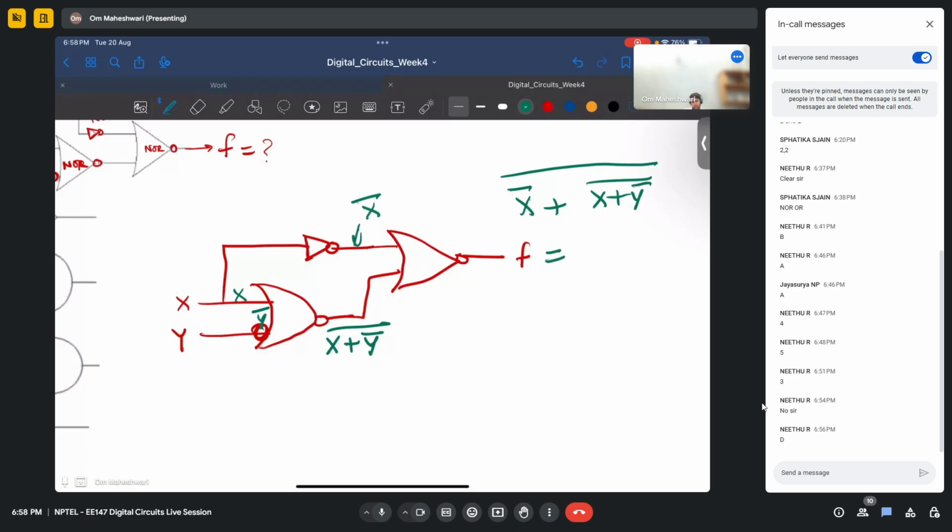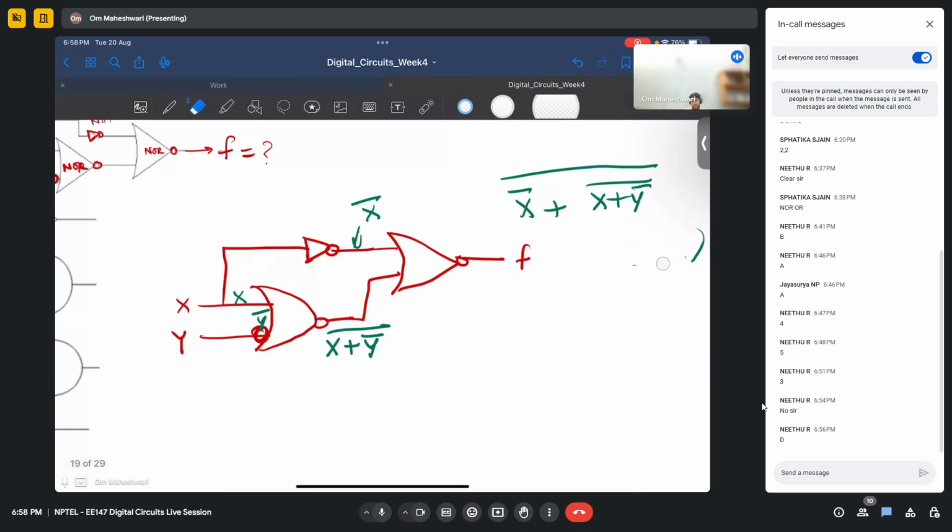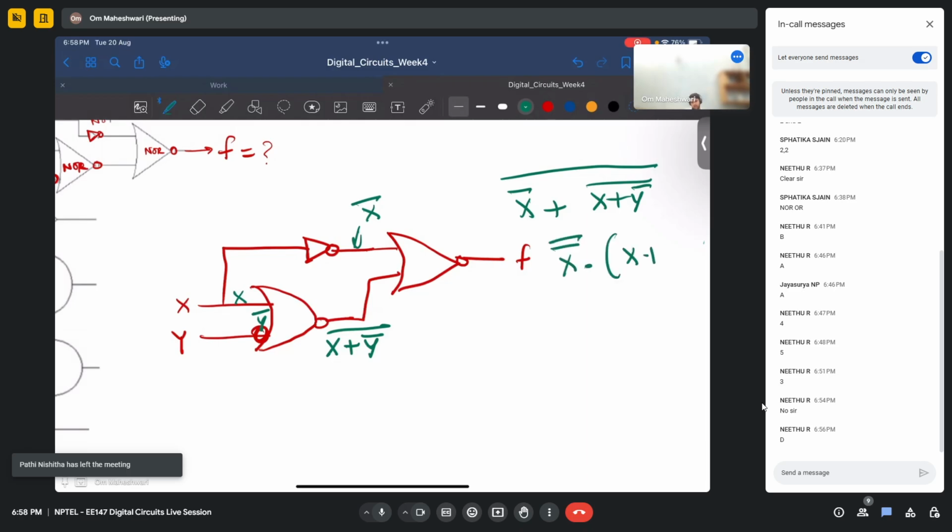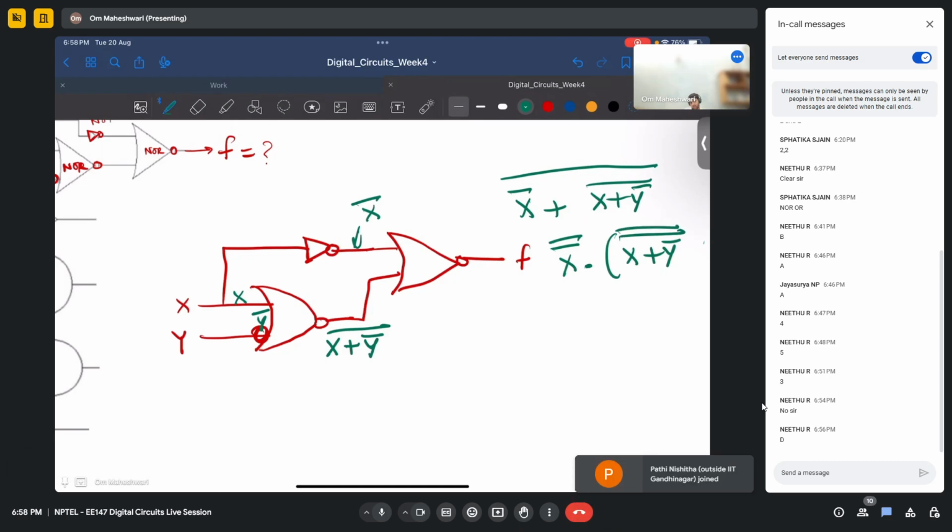To solve this, X dot X plus Y bar. Let me do it step by step. If I apply De Morgan's, it will be X bar dot X plus Y bar. This is the De Morgan.